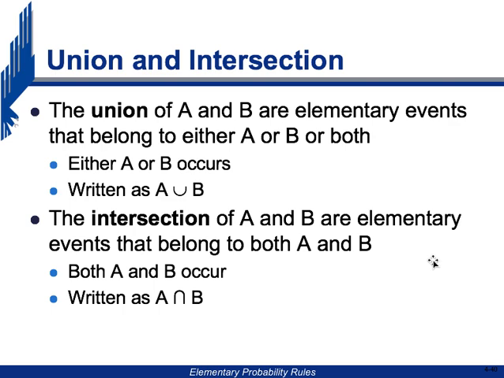Now we also have the concepts of unions and intersections, and these concepts are about the combination of two events. First, we have the intersection, so this is simpler compared to the union.